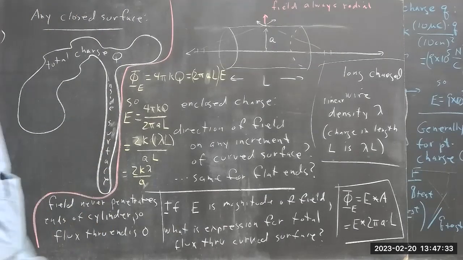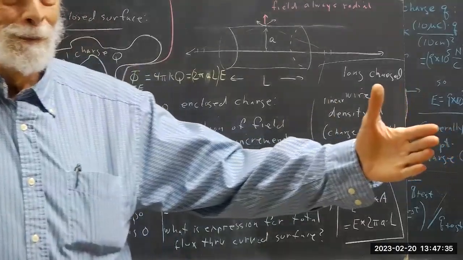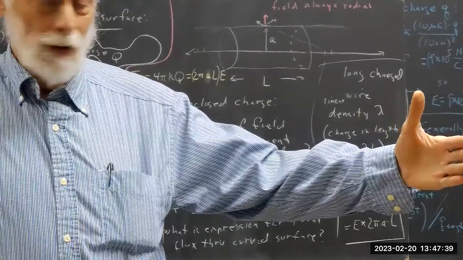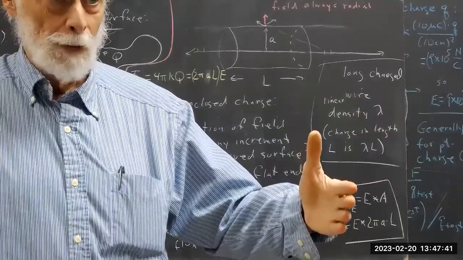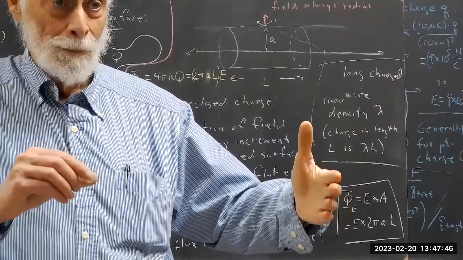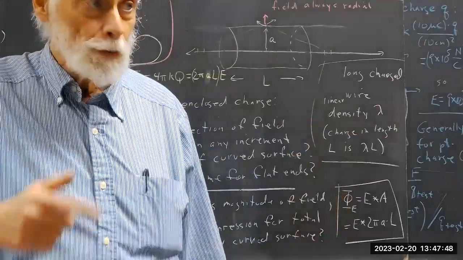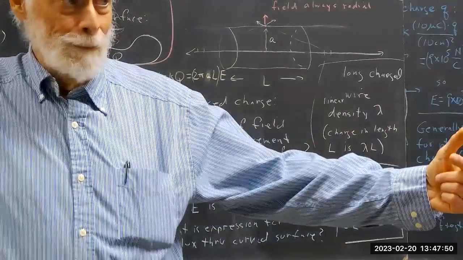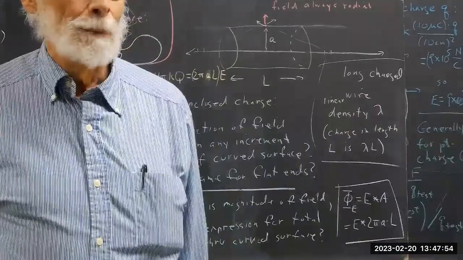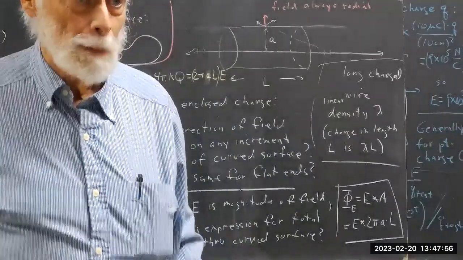Still, if I've got a wire this long and take points, let's say between here and here that aren't too close to the ends, and points that are really close to the wire, there are points that are much closer to the wire than to the ends. We can do an integral and show that it might as well be infinite for all practical purposes.